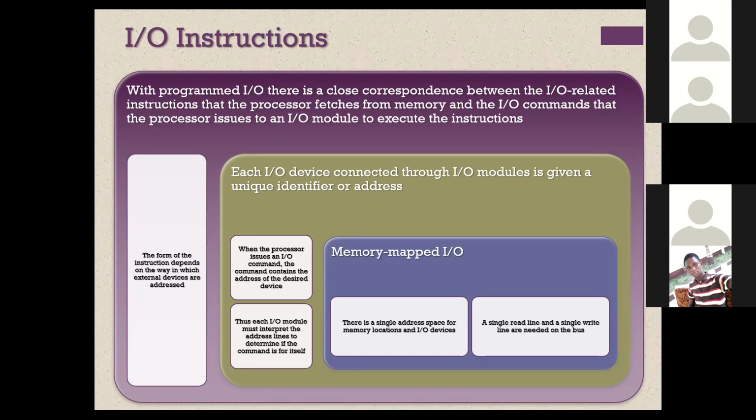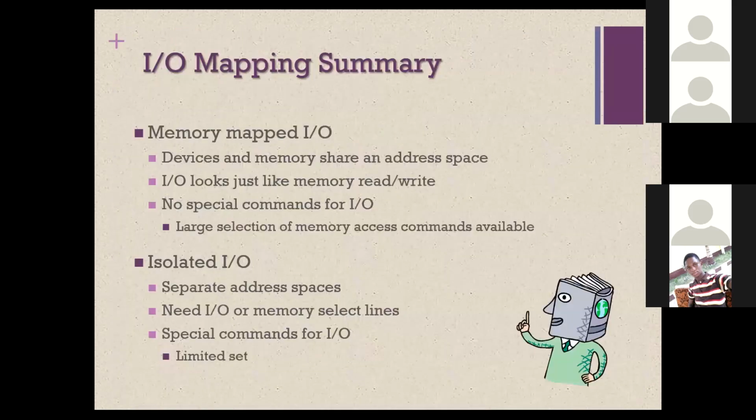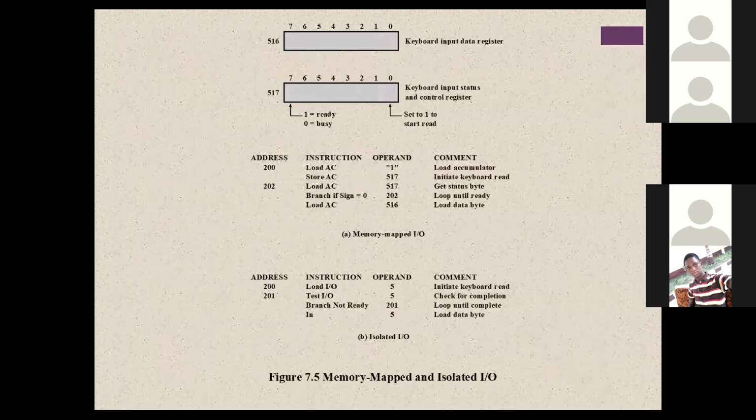So address 516 refers to... I'm going back. Okay, so this explained when I spoke about the memory mapped and then the isolated I/O. This is what I'm referring to now as an example with the keyboard input status and so on.